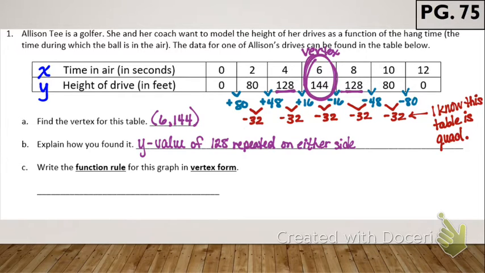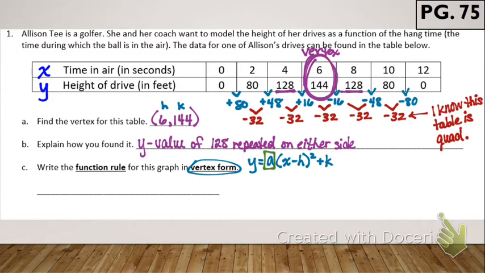We have our vertex, so we have h, k. They want me to write vertex form. That's y equals a times x minus h squared plus k. I have almost everything I need for that. What piece do I still need? First one, we need our a value. We're going to have to find that one.